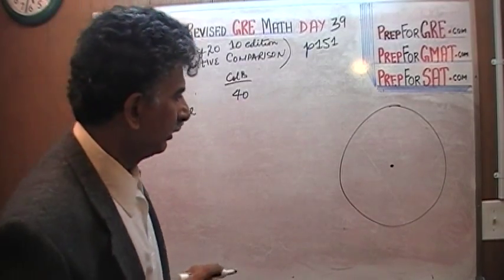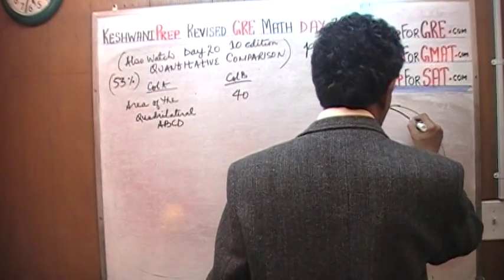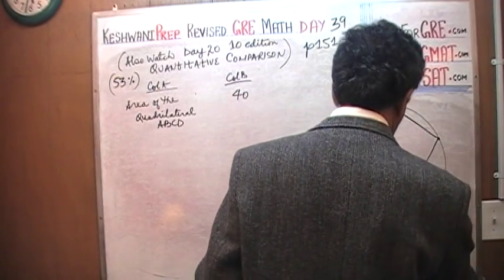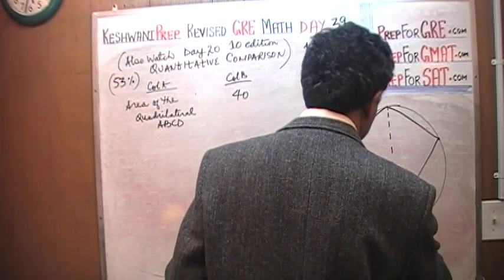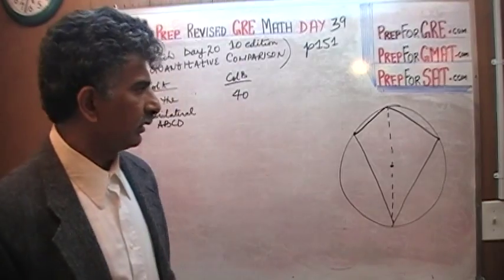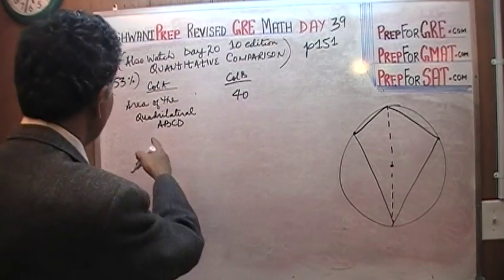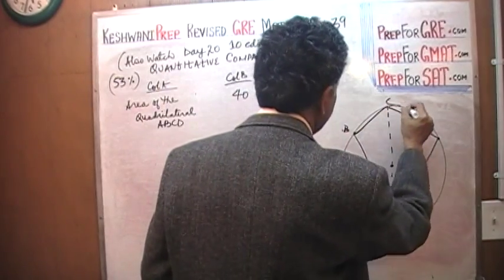And here's a quadrilateral. Again, this dotted line in the circle, we're putting it for our convenience here. The question simply is, what's the area of the quadrilateral A, B, C, D?